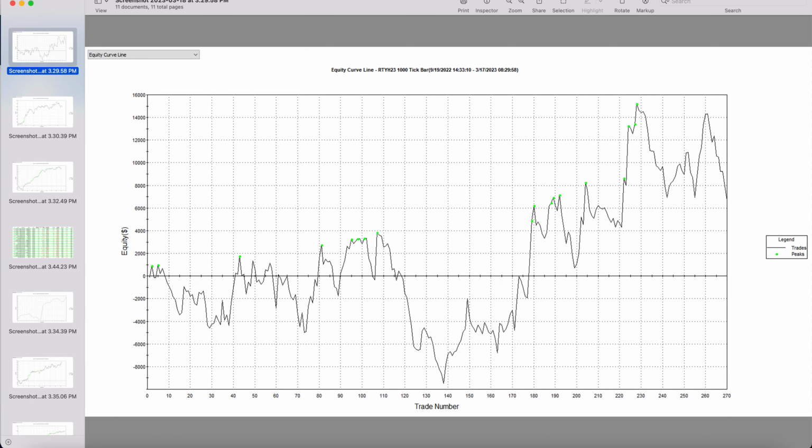It just needs to be changed because the contract had to change last week. But you can see things are in an uptrend. It's been in a recent little bit of a downtrend.